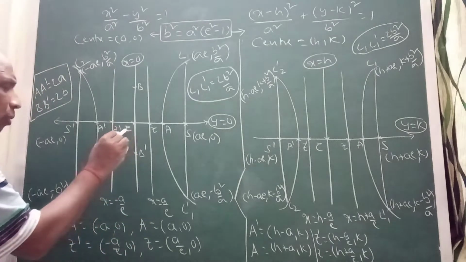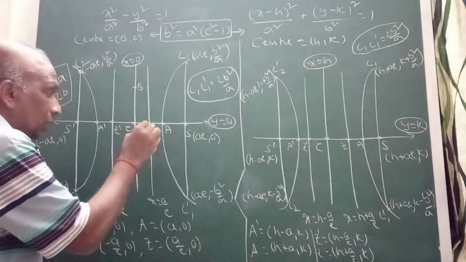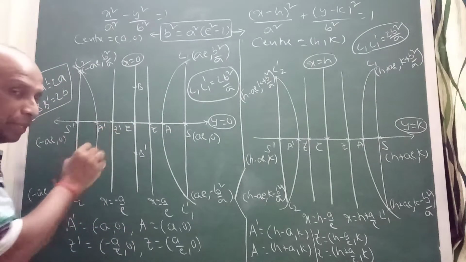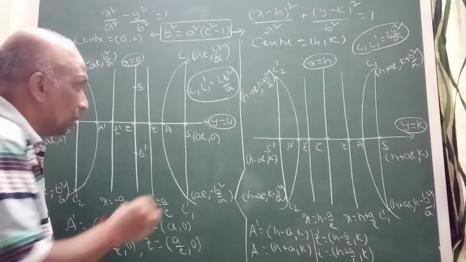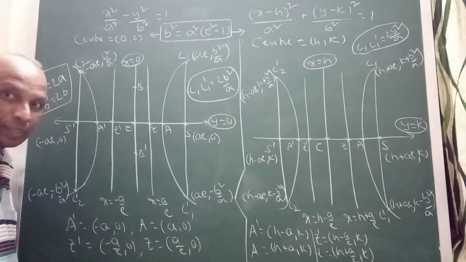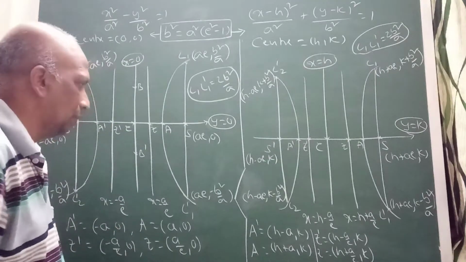Again, the distance from C to Z is a by e. So this point Z will be a by e comma 0, and Z dash minus a by e comma 0. At the same time, the equation of the directrix is x equal to a by e, x equal to minus a by e. Since it is a vertical line, take the x coordinate, it gives the equation of that line.